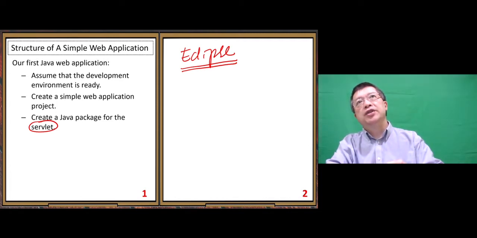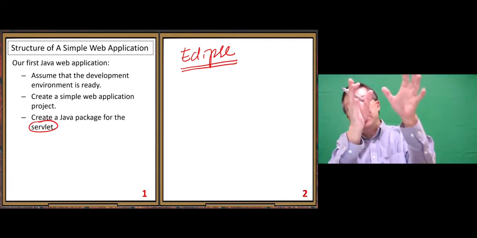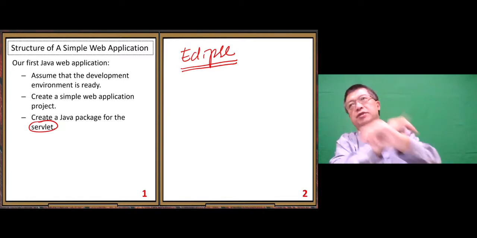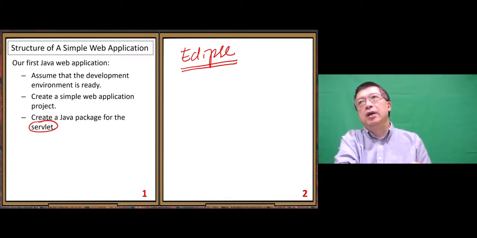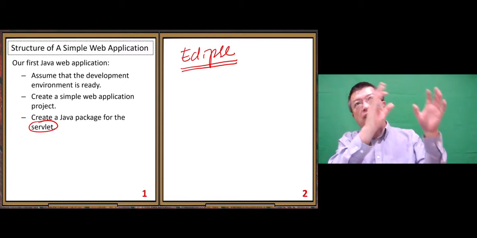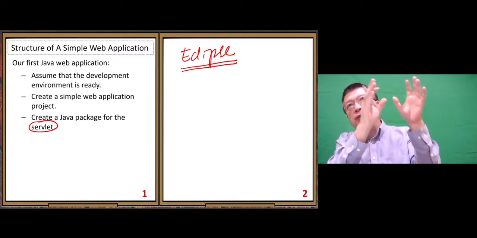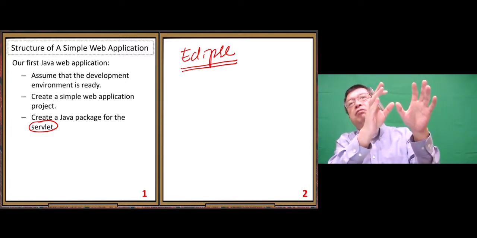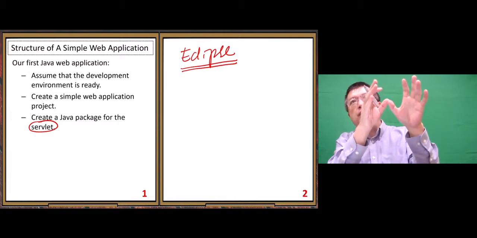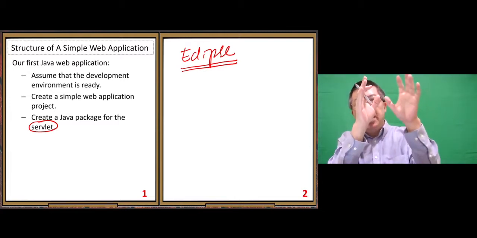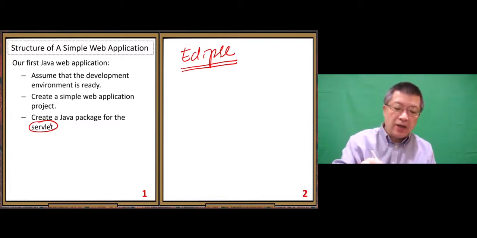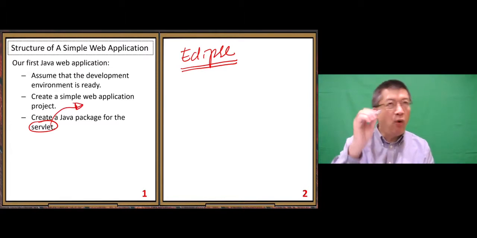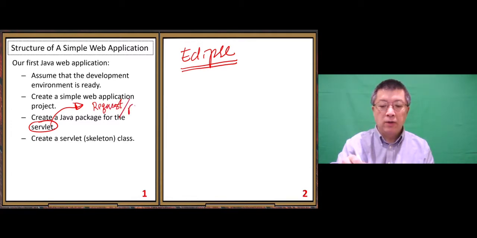A servlet is just a special Java class. It has the regular Java class structure, but it is special, related to request and response. It has internal support for request and response.